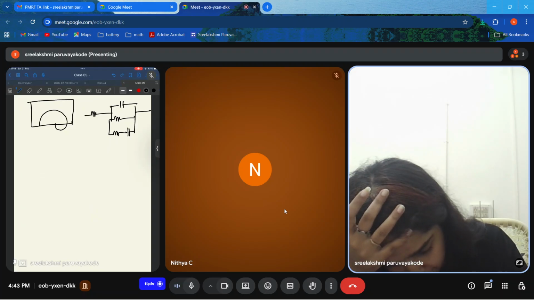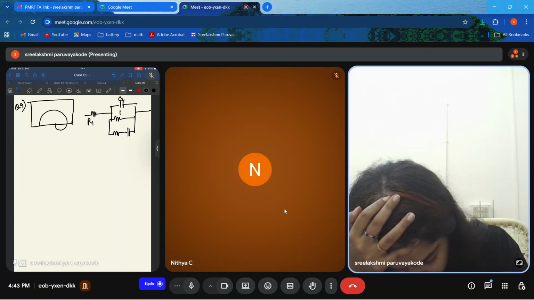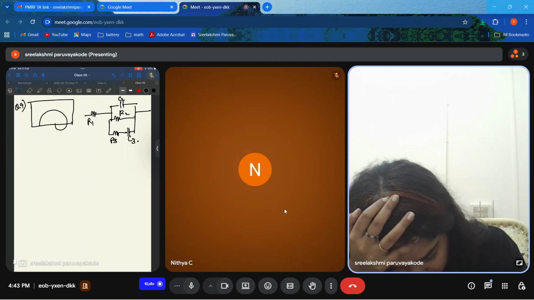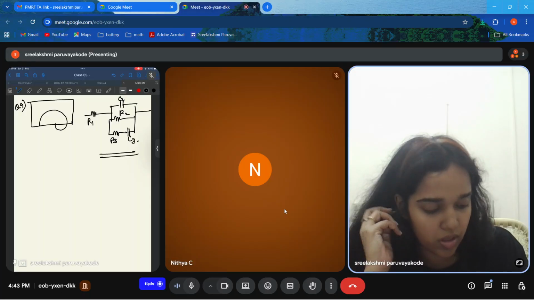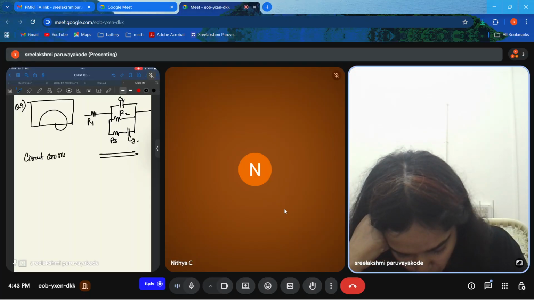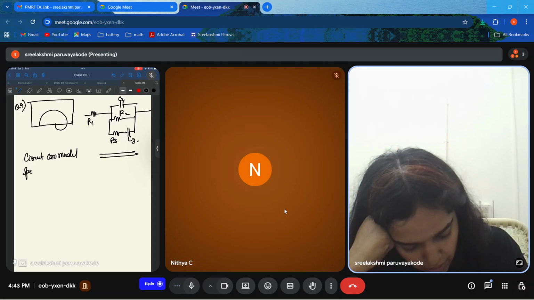this question number 9, R1, C2, R2, R3, and C3. The circuit can model the spectra provided.